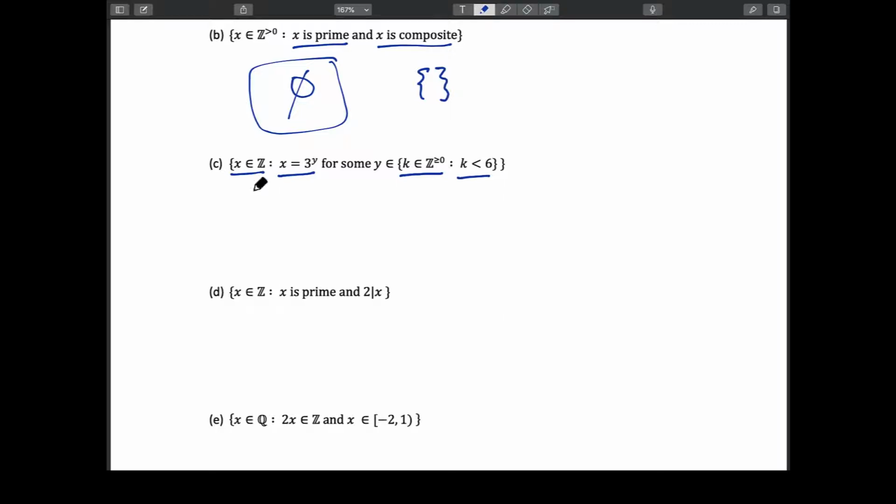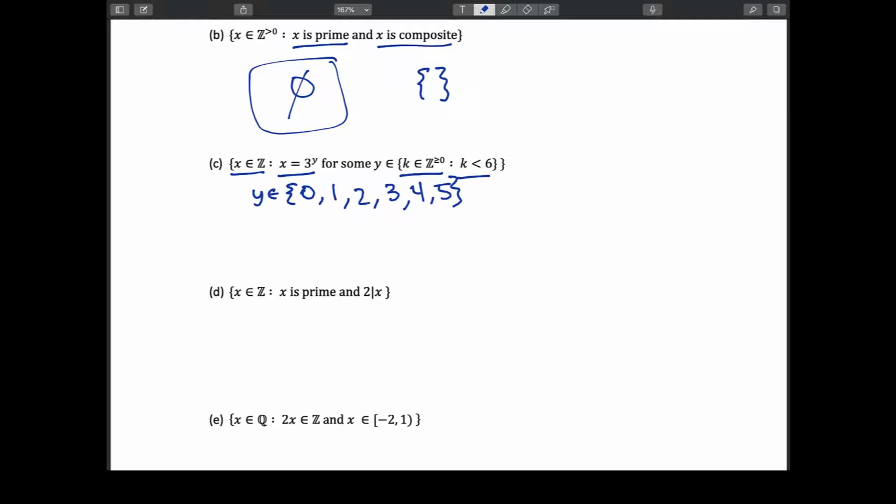So y is an integer greater than or equal to 0 and less than 6. So 0 is in that set, 1 is in that set, 2 is in that set. 3, 4, and 5 are all in that set.